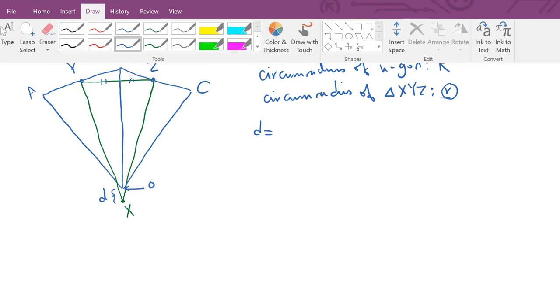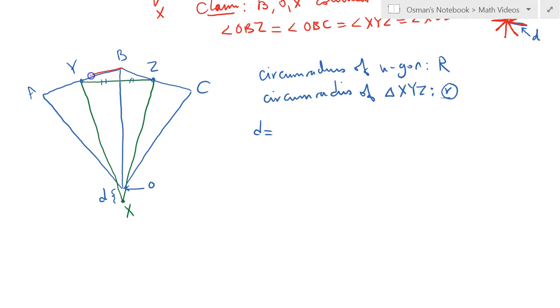Let me draw this, something like this. So the diameter of this circle is 2r minus the radius of our n-gon, which is R. That's what the question is asking from us.